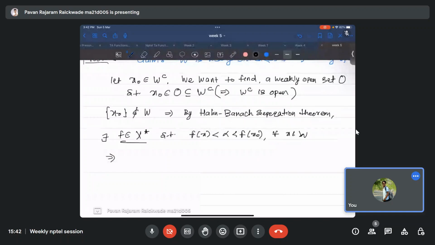If I consider O to be f inverse of the set alpha to infinity, this O is weakly open, right? Because this is how we define the weak topology.